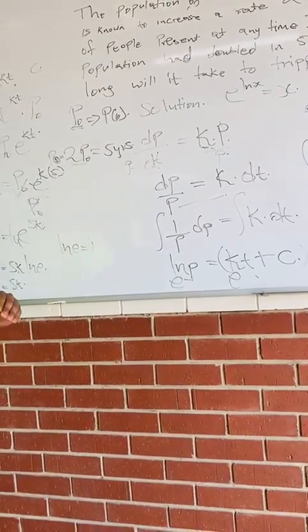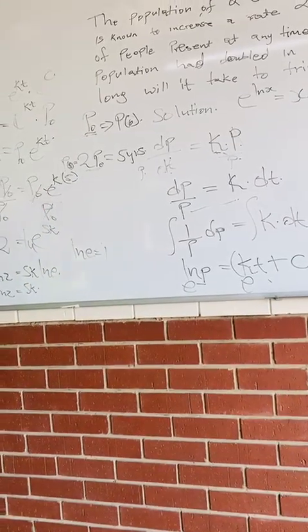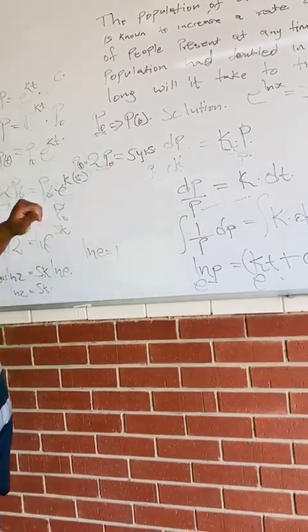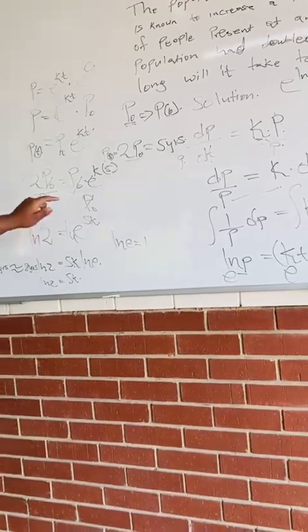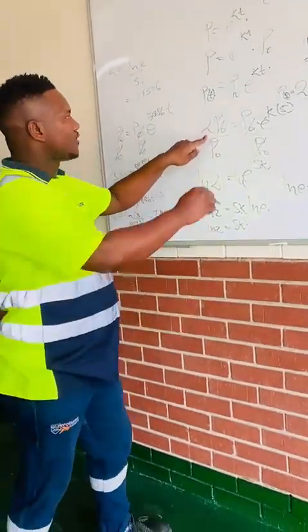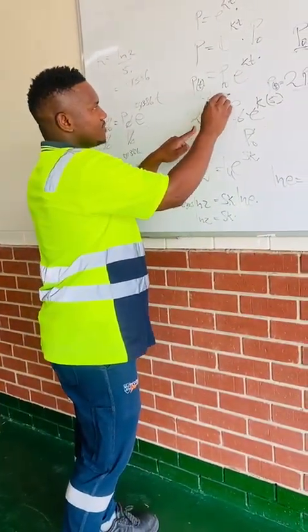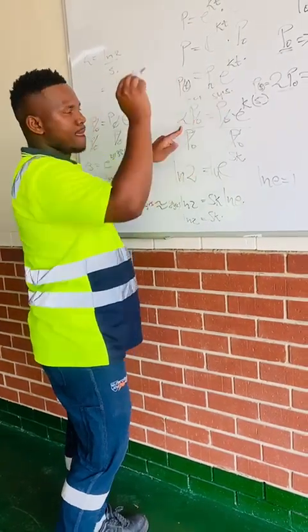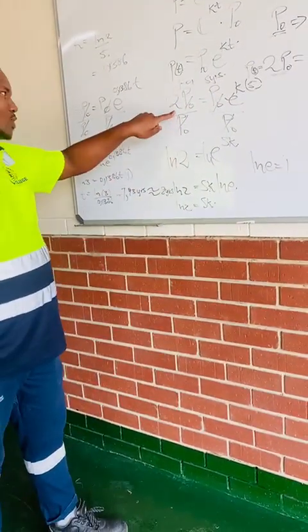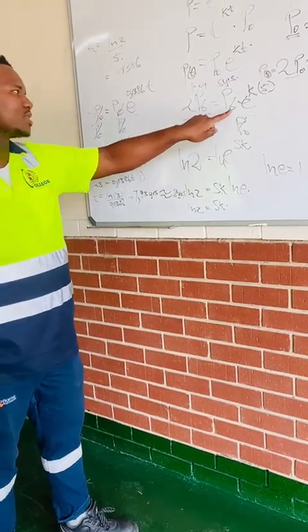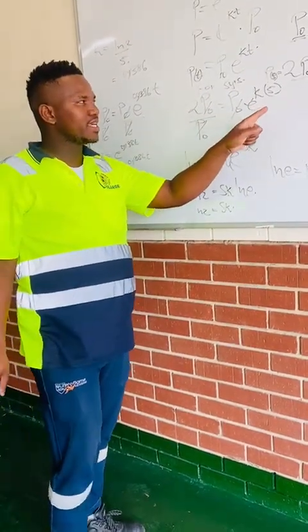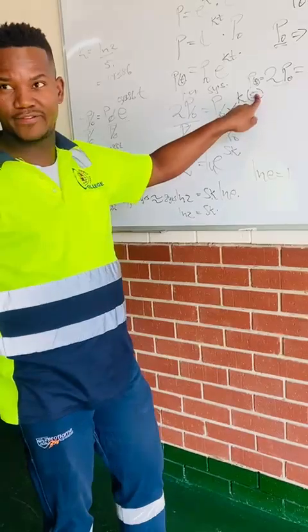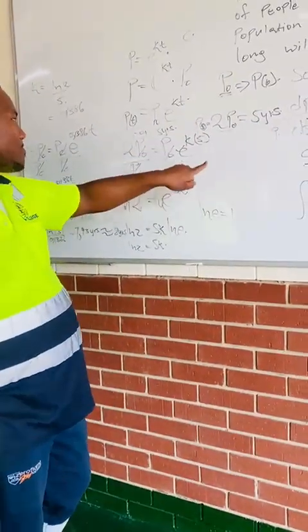Meaning our P naught. Initially, this will be doubled for 5 years. Now, this is what is going to happen. For 5 years, 2 times the initial value will be equal to the initial value multiplied by e to the power 5k, with 5 instead of t now.